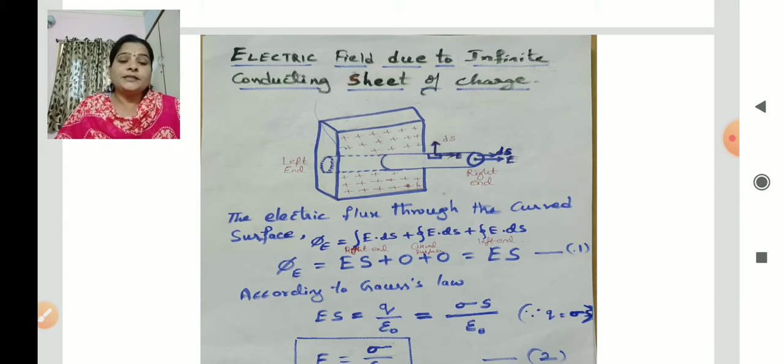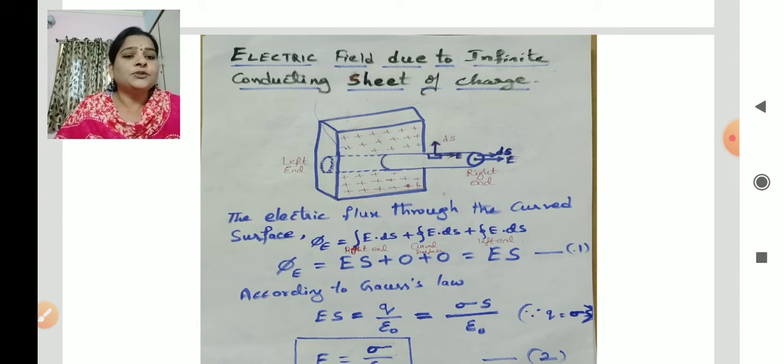As shown in the figure, the cylindrical surface with curved surface as well as two ends is the Gaussian surface I assumed. We need to find the electric flux through this Gaussian cylindrical surface at both ends of the cylinder as well as the curved surface.